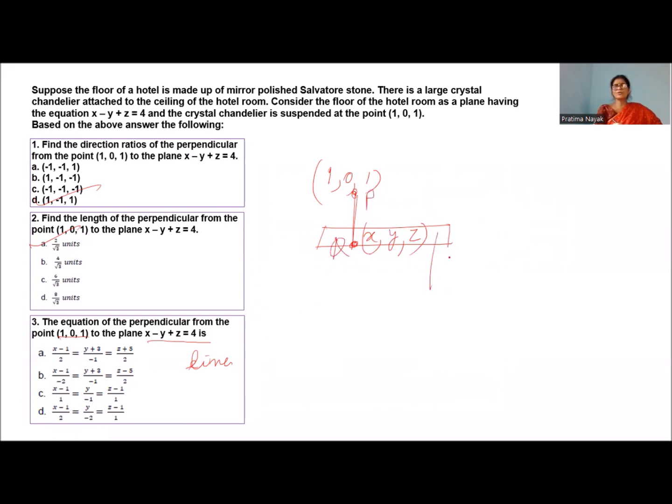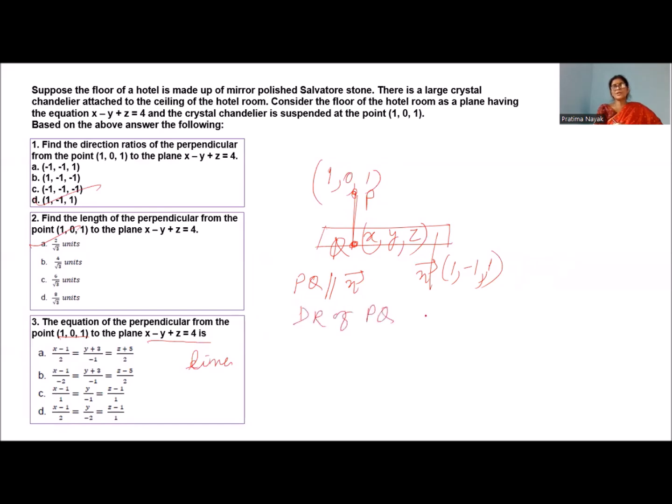So what is the normal? Normal has direction ratio 1, -1, 1. We have already identified that PQ is parallel to the normal, so the direction ratio of PQ will be proportional to the direction ratio of the normal. What is the direction ratio of PQ?